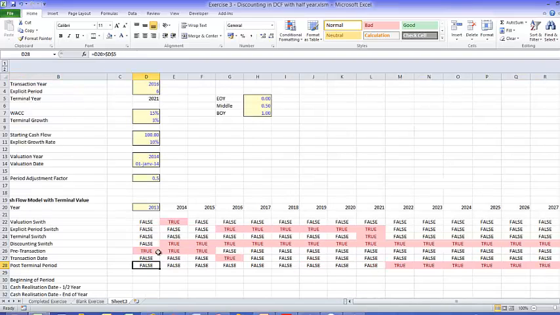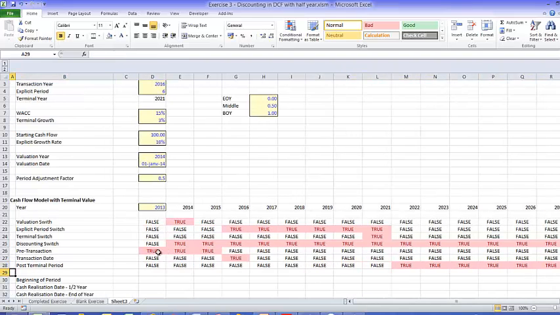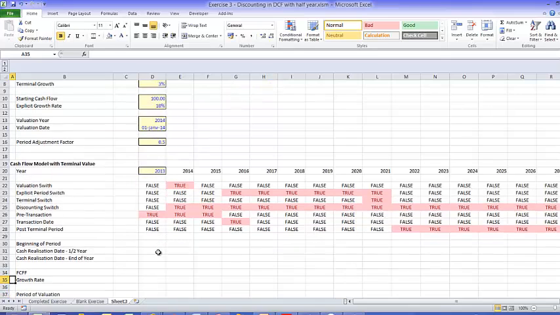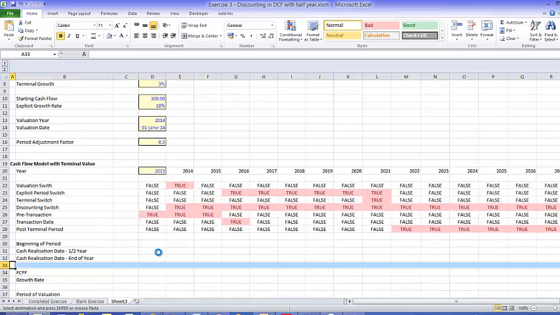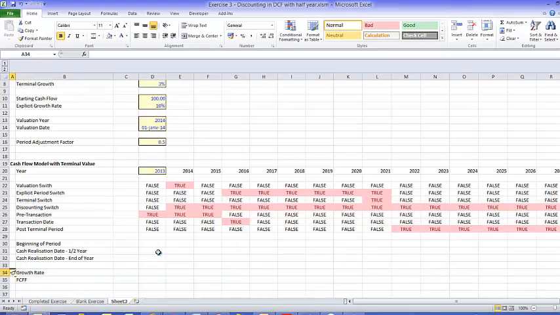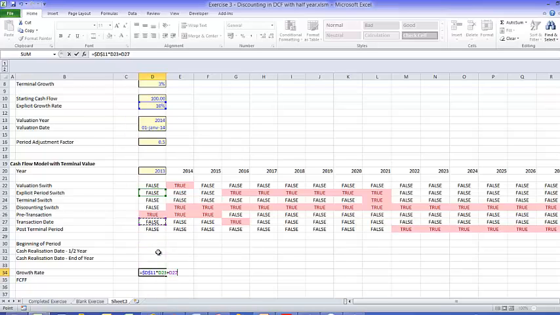Okay, I hope you're not getting irritated with me. You'll see. Now, I'm going to move the growth rate up to here. I think this will save us some time in the long run. So for the growth rate, we could take the explicit growth rate and multiply that by the explicit period switch, plus the post terminal period times the terminal growth rate switch.